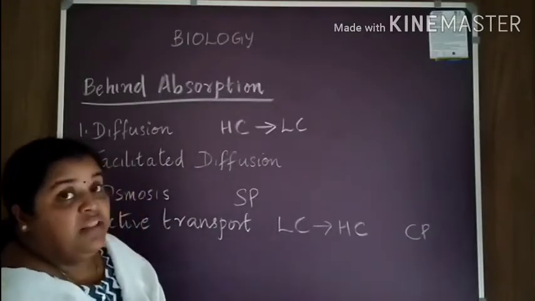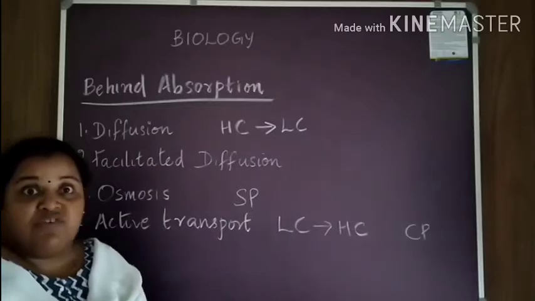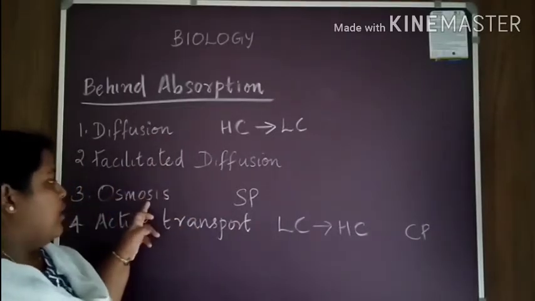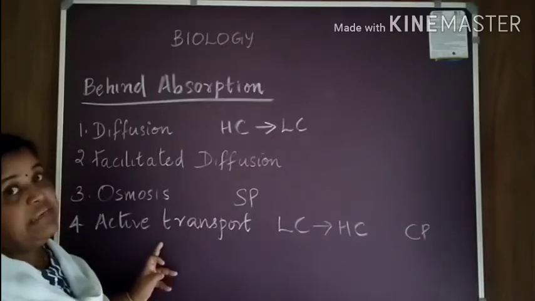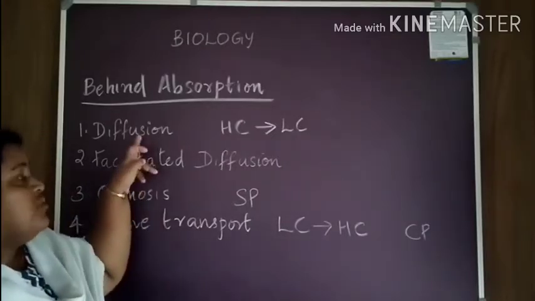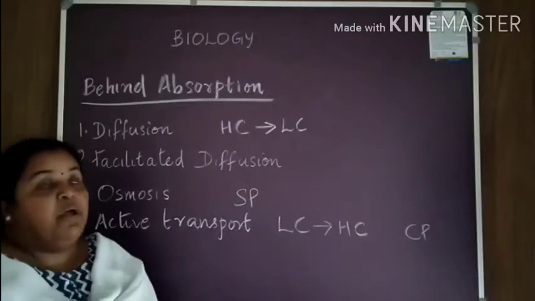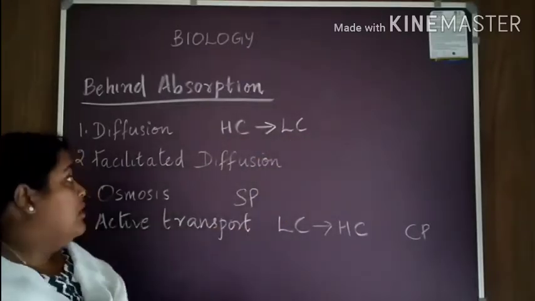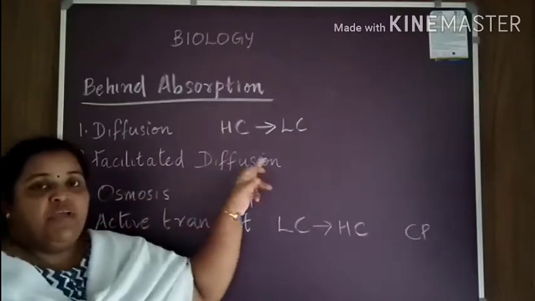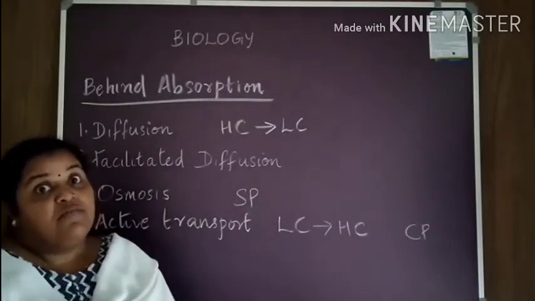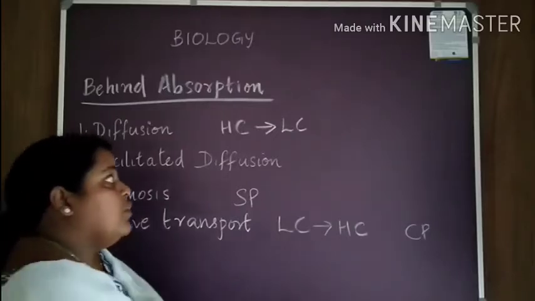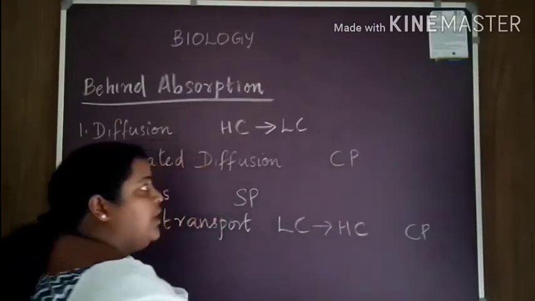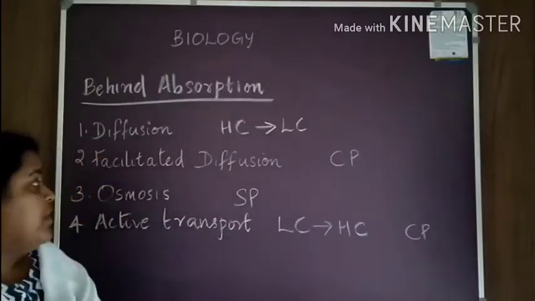I'll repeat once again, the processes which help in absorption are diffusion, facilitated diffusion, osmosis and active transport. Diffusion means movement of molecules from higher concentration to lower concentration. Facilitated diffusion means movement of molecules from a higher concentration to lower concentration with the help of a carrier protein in the cell membrane.